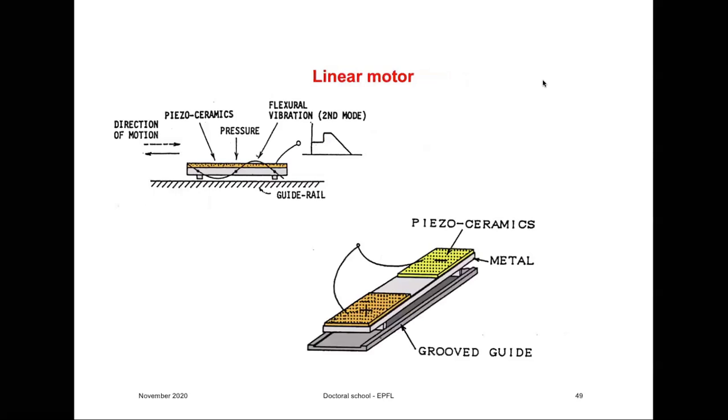You can make linear motors by the same principle as I just showed you for rotating. You have one positively and one negatively polarized piezo ceramic glued on a piece of metal and then placed in a rail. And if you drive these two, one will shrink, the other one will expand.